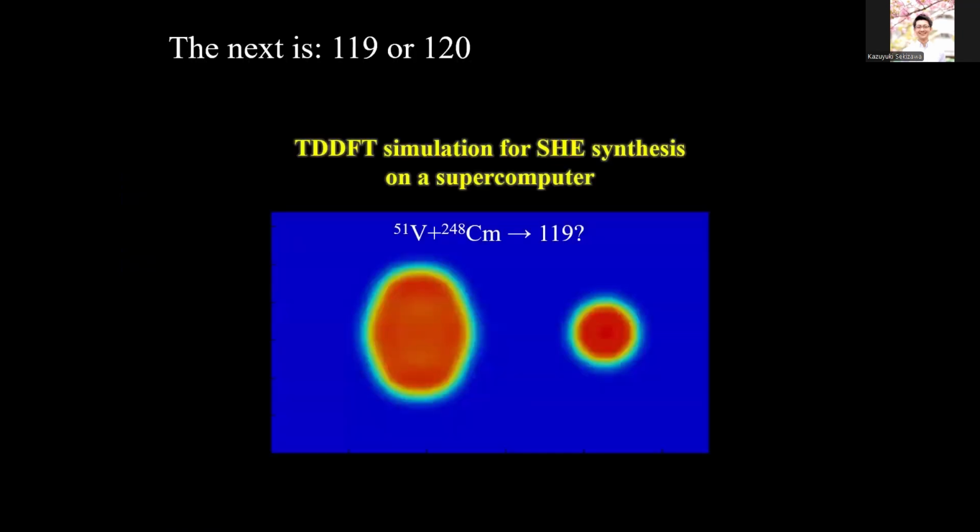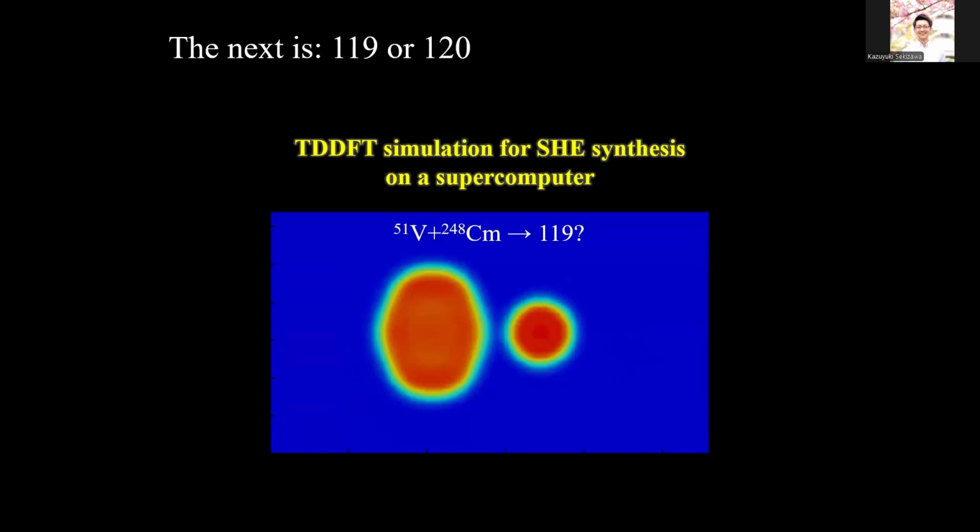This is one example showing fusing nuclei, in the case of vanadium and curium. If they fuse, they form the unknown element 119.